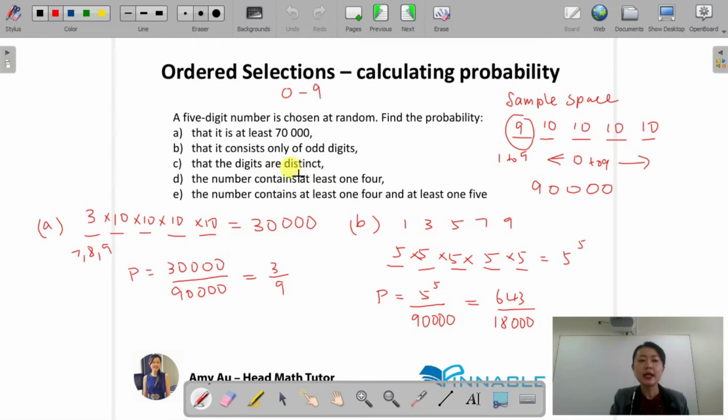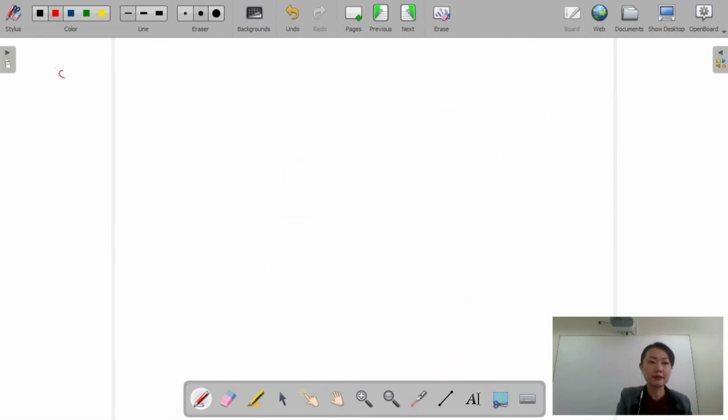The digits are distinct. Distinct means they're different, meaning repetition is not allowed. Let's do it here. 1, 2, 3, 4, 5. In that first digit, again, it can only be 1 to 9. So there are 9 ways to fill out that first digit. Now, you've used one digit, but you can now also use 0, so you have also 9 digits for the second one. Does that make sense?